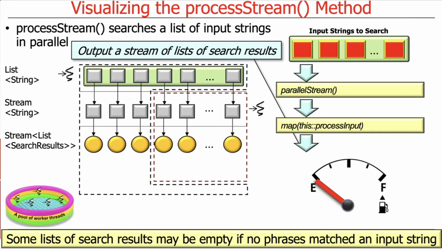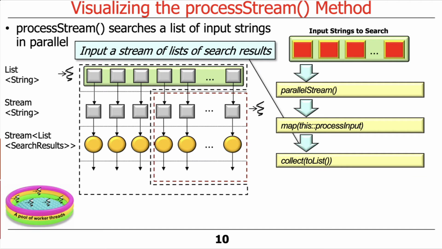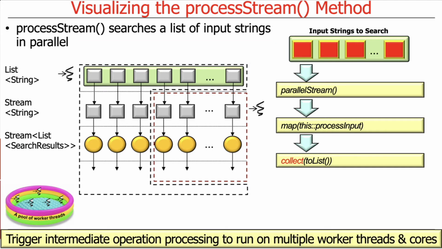We'll do some special cool things with empty lists later to get rid of them using other stuff like flatMap. What we end up with here will be a stream of lists of search results, and we collect that to a list. So we'll end up with a list of lists of search results. And when collect is called, remember that terminal operations have the responsibility of triggering all the other processing.